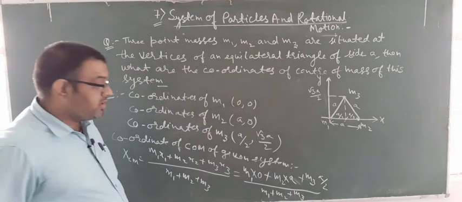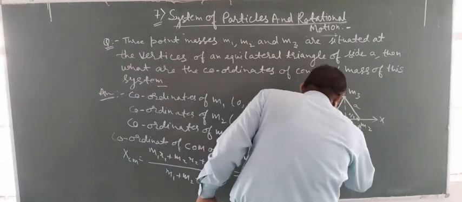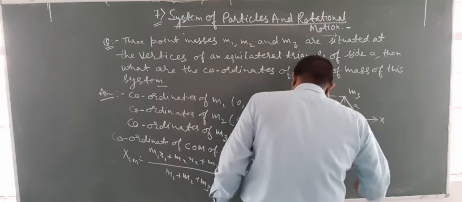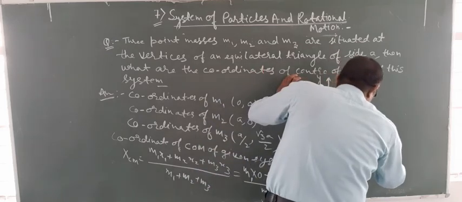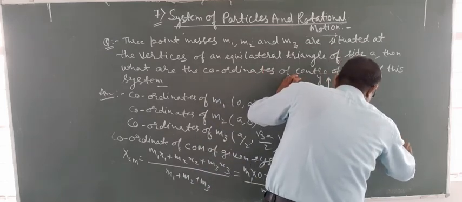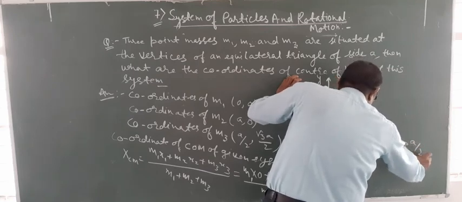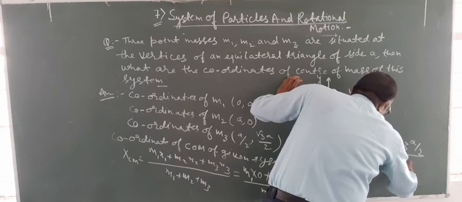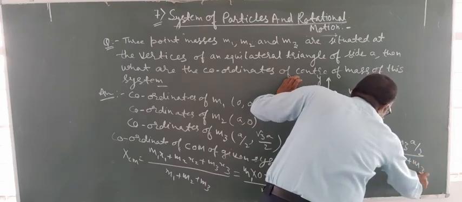So XCM is equal to (M2a plus M3a by 2) upon (M1 plus M2 plus M3).